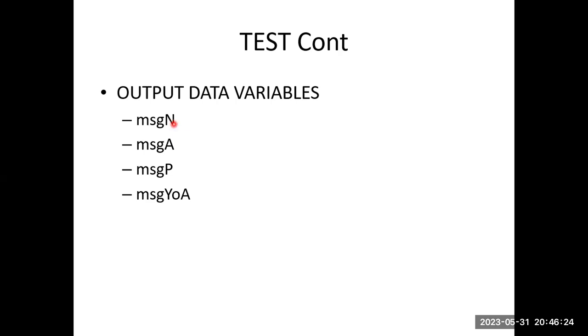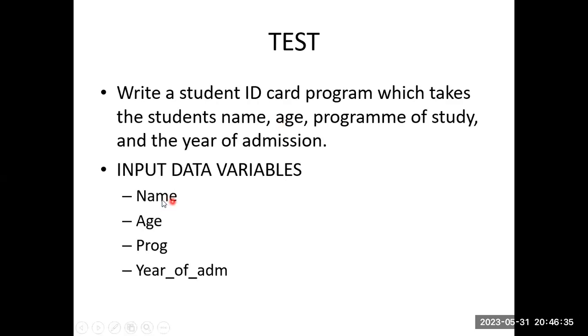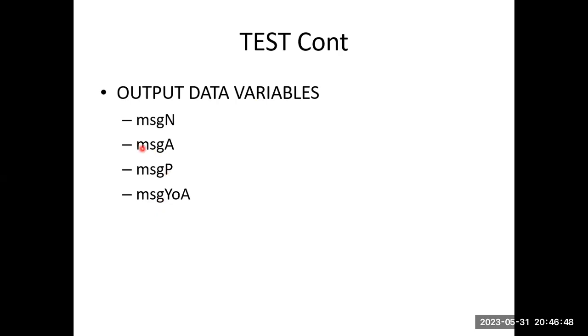I'll have a command of output, whatever is stored here first, then input, which means the person has to enter something into this variable, not whatever is stored there. Then for the next one, I'll have output, and this variable will come with any message stored in it, like please enter your age.